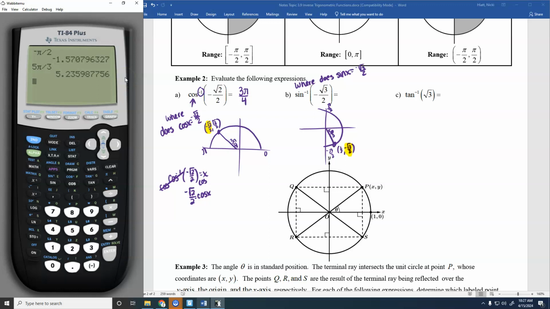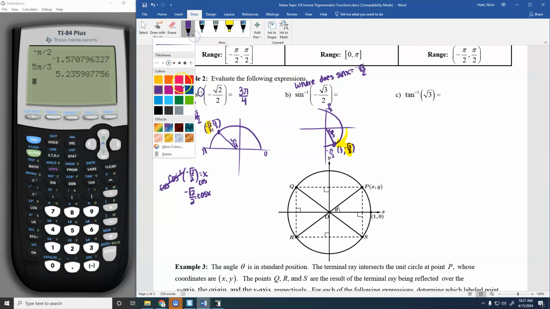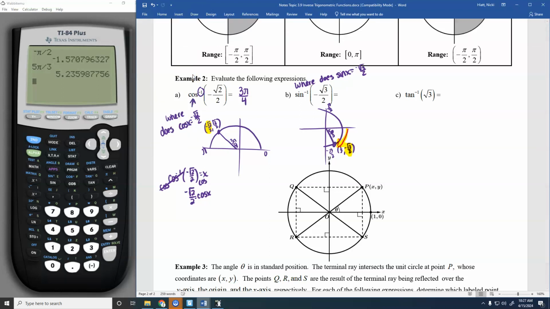So whenever we're looking in the fourth quadrant right here, we want to be thinking about negative angles, like going in this direction right here. So what would 5 pi over 3 be as a negative angle? It's going to be negative pi over 3.